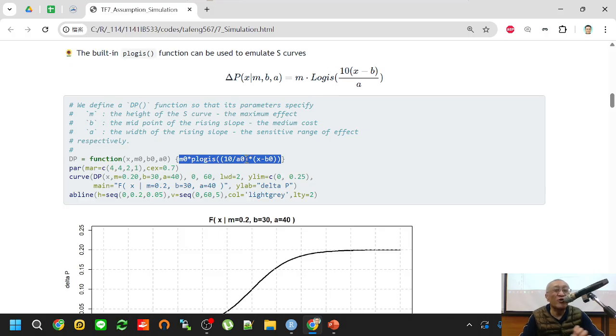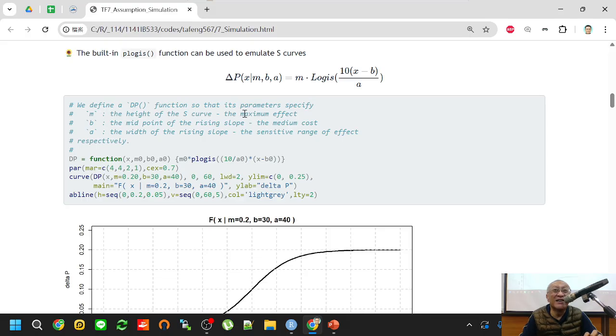So you don't have to worry about the mathematical thing because I already wrote it for you. With that, delta P of X, this mathematical equation should be read as the function delta P of X given MBA.